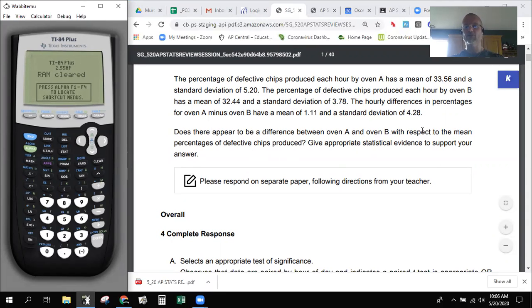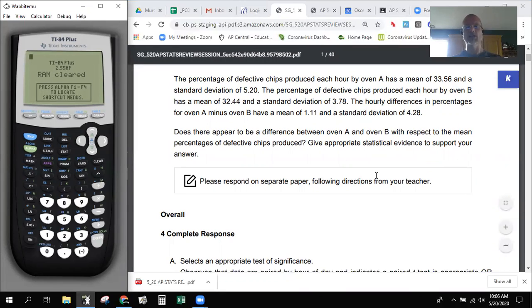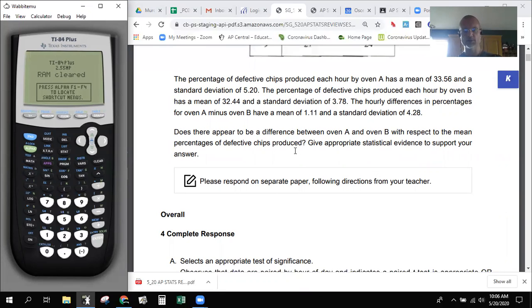They're not asking for the mean difference between the two, they're asking what is the difference in the means. So what I'm going to do is a 2-sample t-test for means.